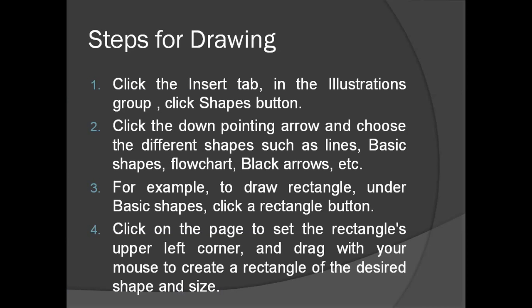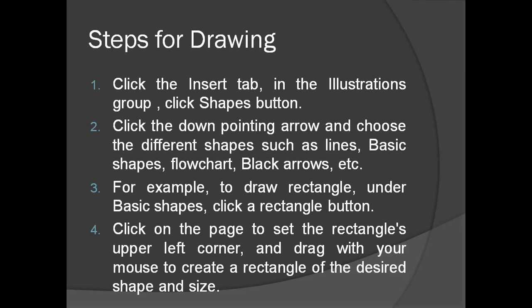Steps for drawing. If you want to draw a drawing in a document, then follow the given steps. Step 1. Click the Insert tab in the Illustrations group. Click the Shapes button. Step 2.